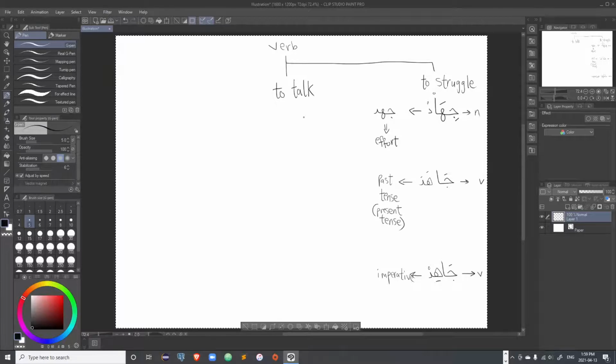Now, the noun is completely different. I mean, these are different too, but as you can see, they're different in arrangement, but they still have the same words. However, for to talk, the verb talk, the noun is obviously different compared to the verb.